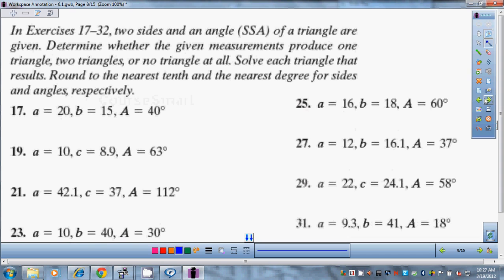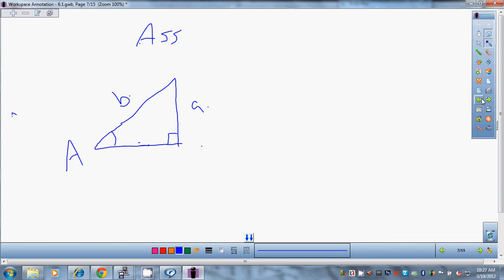One side, an angle, and another side. What is sine of A? A over b. Yeah, opposite over hypotenuse. Sine of A is a over b.